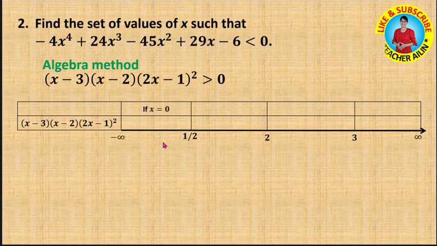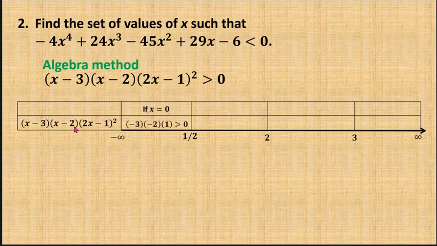Let's say 0 is chosen. When x is equal to 0, x minus 3 is negative 3, x minus 2 is negative 2, 2x minus 1 is negative 1, squared is 1. So the overall value is a positive value which is greater than 0. This result shows that the polynomial is greater than 0 when x is less than 1 over 2.